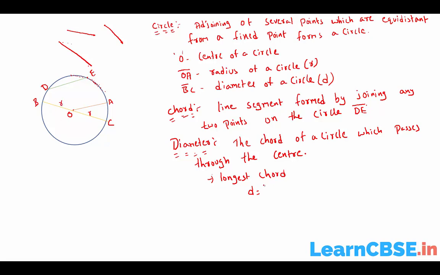That means the diameter equals BC in this figure, that equals OB plus OC. OC is one radius, OB is taken as radius, r plus r. So diameter can be written as 2 into r. Twice the radius is nothing but the diameter. You can get the length of the diameter as twice the length of the radius. Okay.